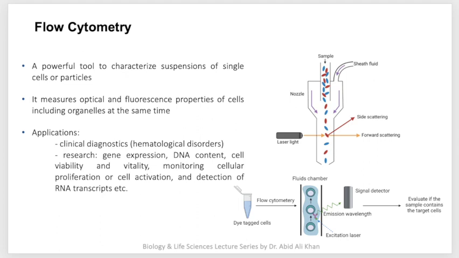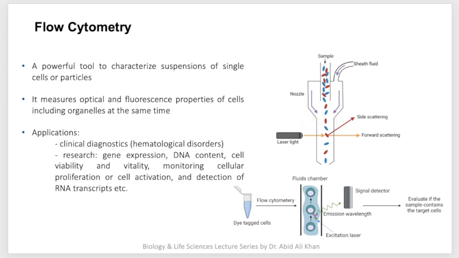So when we perform the analysis, the sheath fluid has to be running and generating this laminar flow, which will make the samples run in a stream of single cells. So the sample and the sheath fluid converge to ensure a single cell line or single particle line, which will make the particles go through the flow cell.